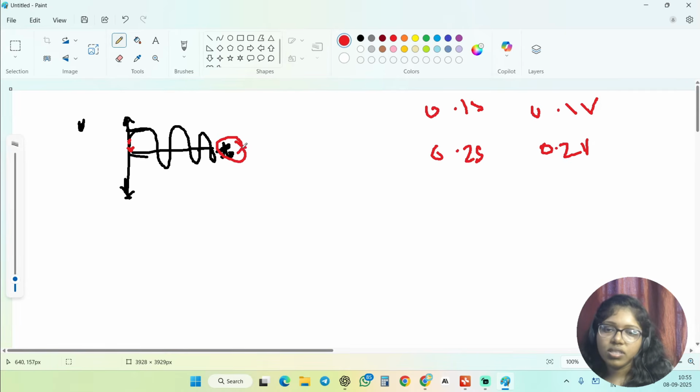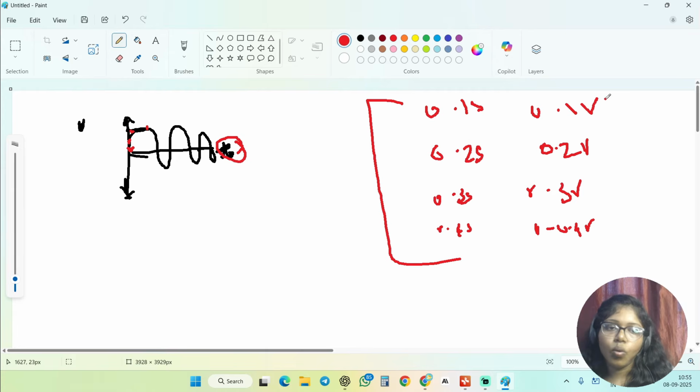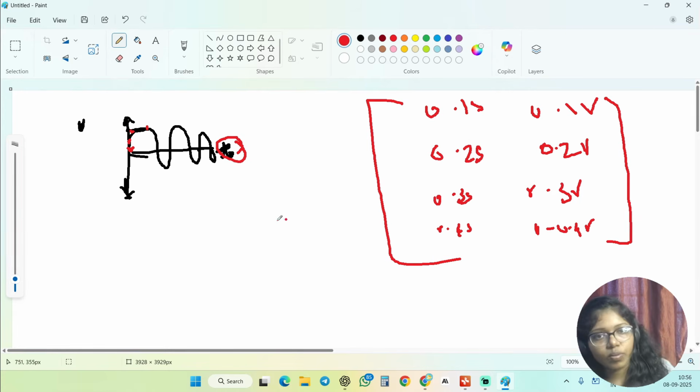And what about 0.3 second? It has 0.3 volt. And what about 0.4 second? So when you calculate this, you can simply understand that with respect to time your voltage is continuously changing. This is called frequency.